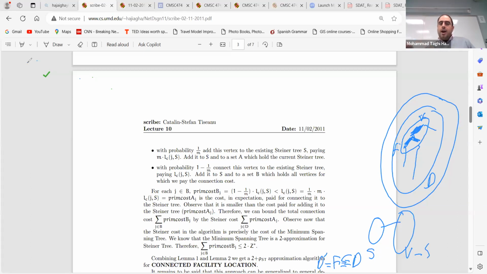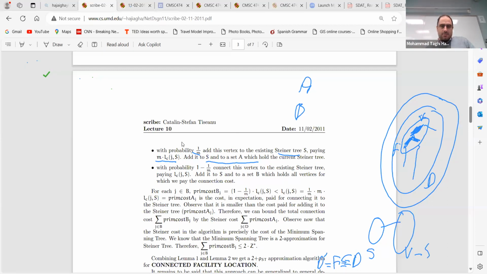Good. So I have two sets, set A and set B. With probability 1 over m, I add this vertex to the Steiner tree S so far, paying m times LC of J to S, and then I add this vertex to set A. Actually, let me just do this one differently.